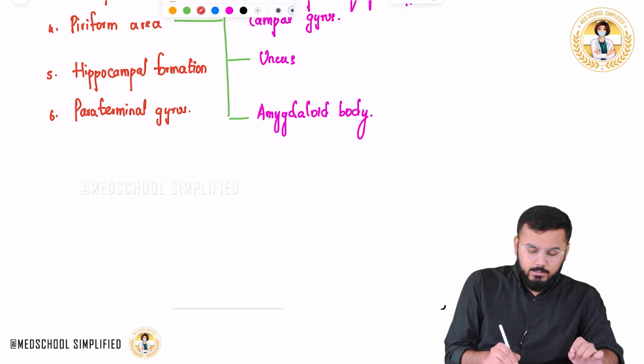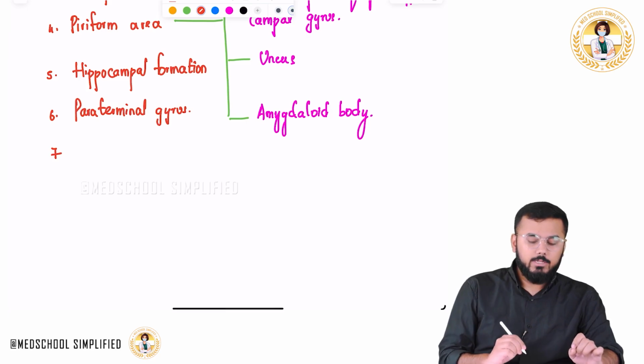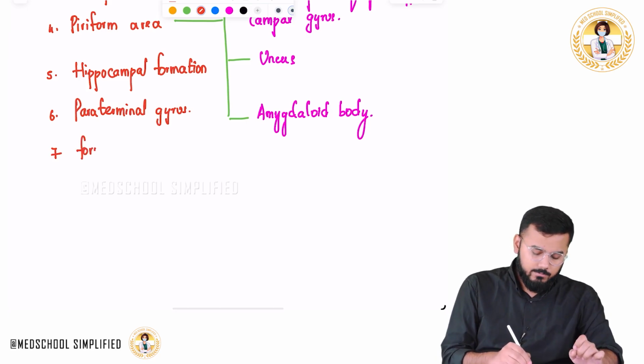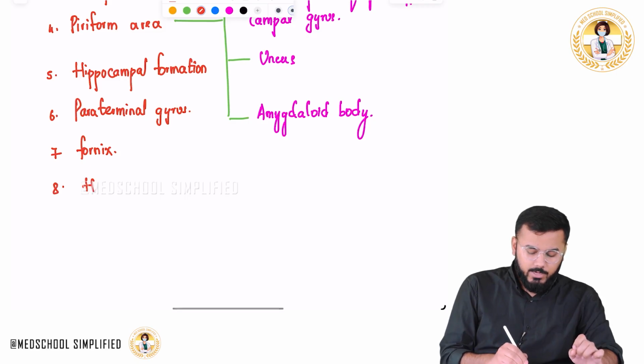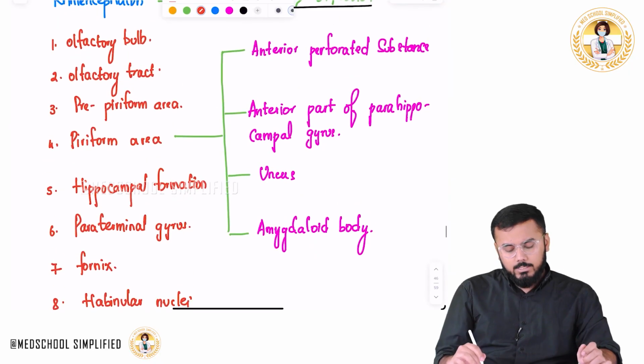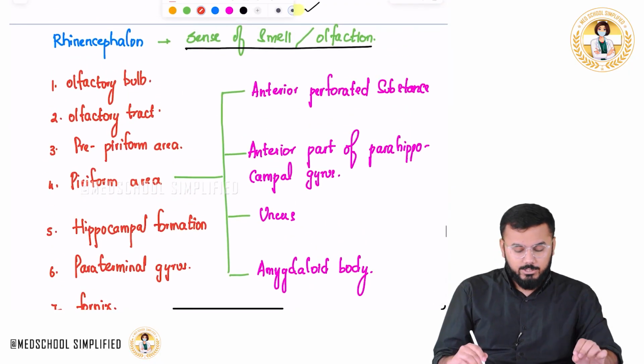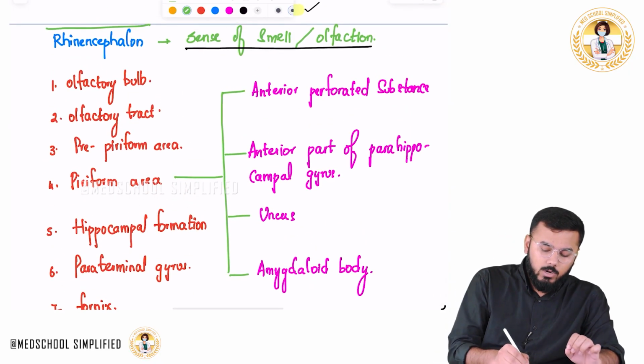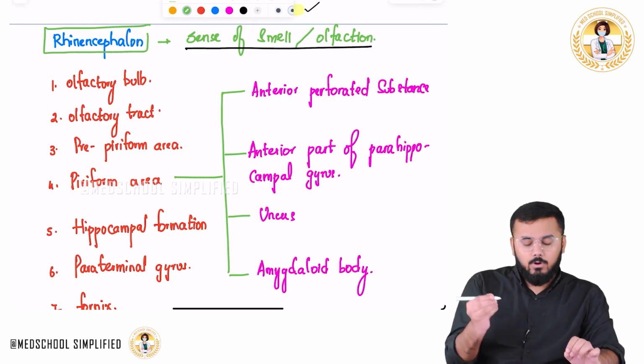The seventh important thing is the fornix, and the last important thing is the habenular nuclei. So these are some of the very important structures that belong to your rhinencephalon.